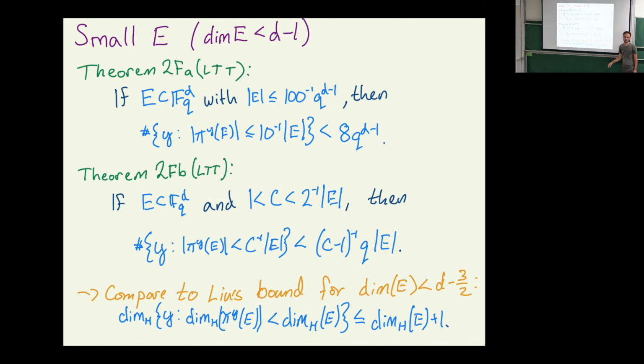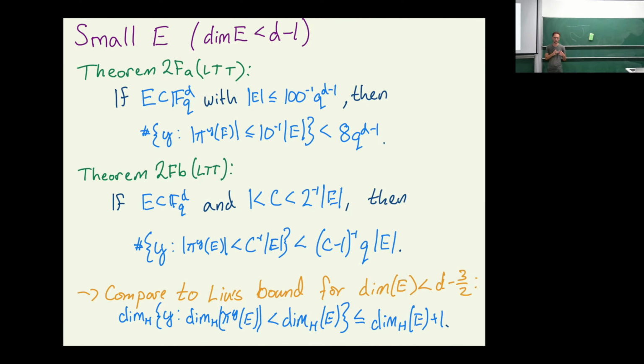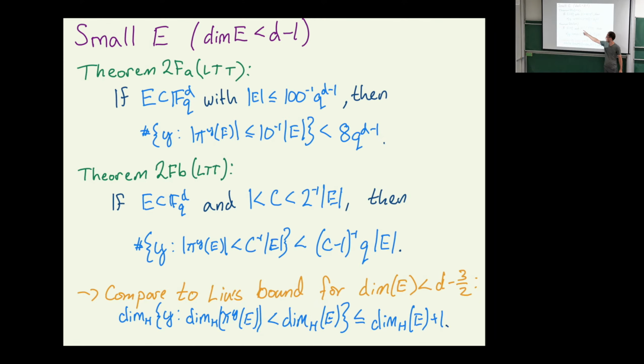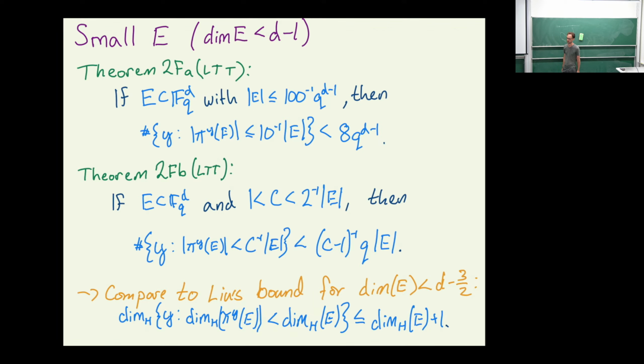So this is stronger than Liu's theorem in the same way that our large E theorem was stronger than Orponen's theorem. But I don't think it's worth thinking about, in the continuous setting, what happens when C is larger than a constant, because we don't think this theorem is tight even when C is a constant.